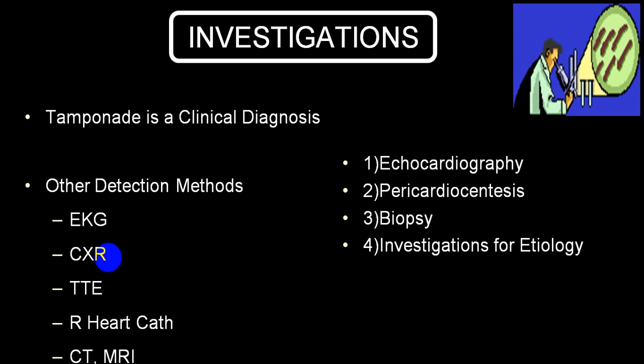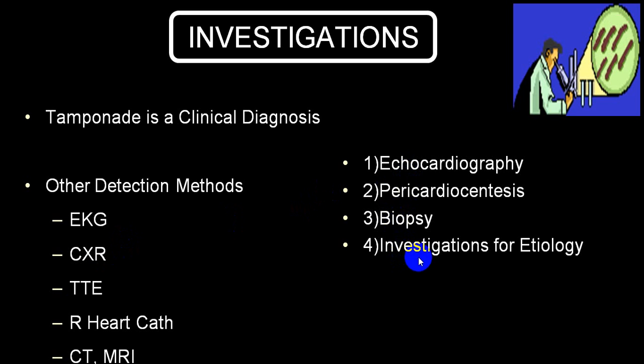Echocardiography will demonstrate clearly pulsus paradoxus and evidence of cardiac tamponade. Right heart catheterization may be helpful. So echocardiography, pericardiocentesis, and biopsy will be very, very helpful.